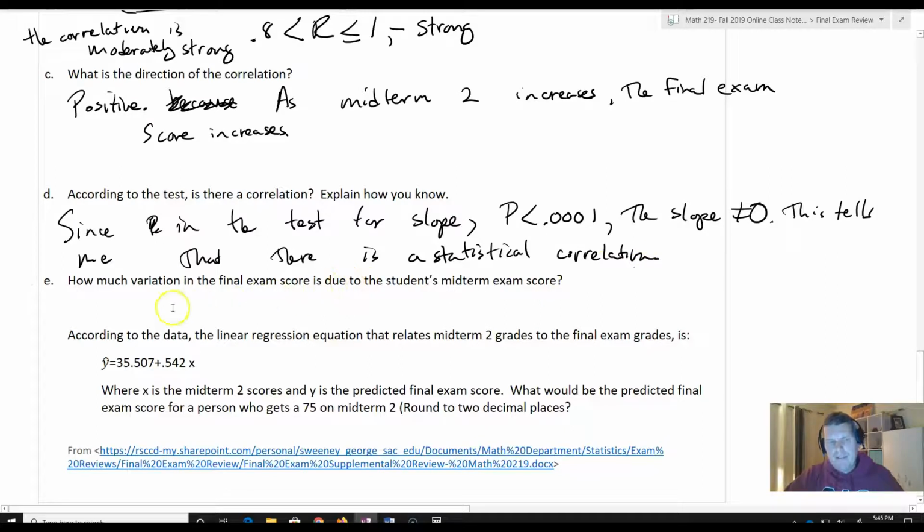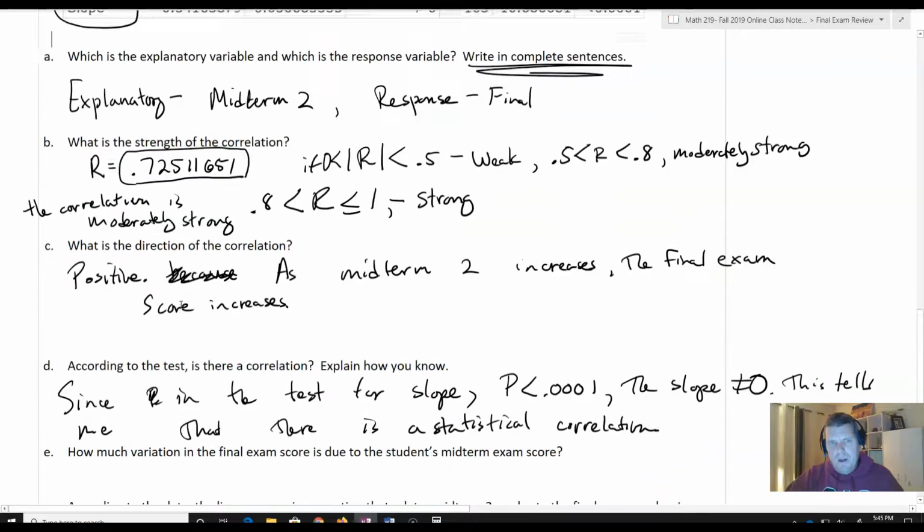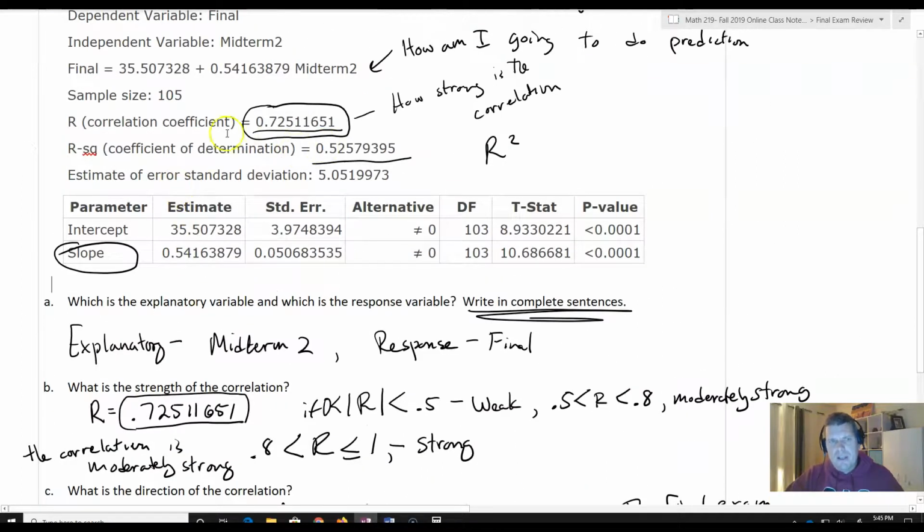Then finally, how much variation in the final exam score is due to a student's midterm exam score? Well, that's the question that R squared represents.